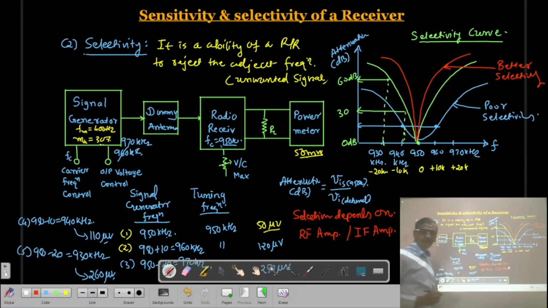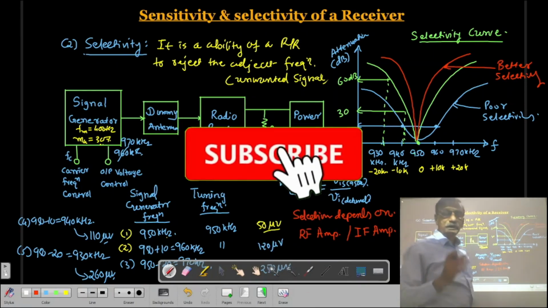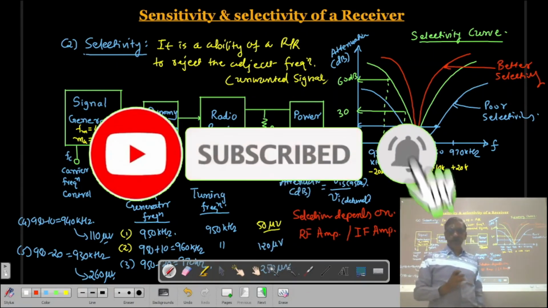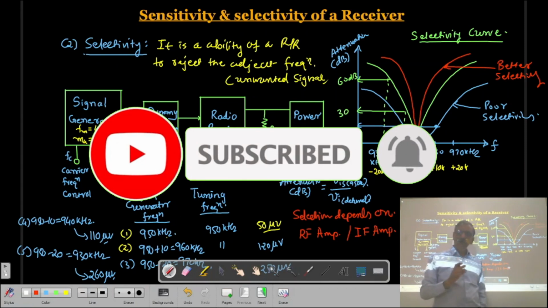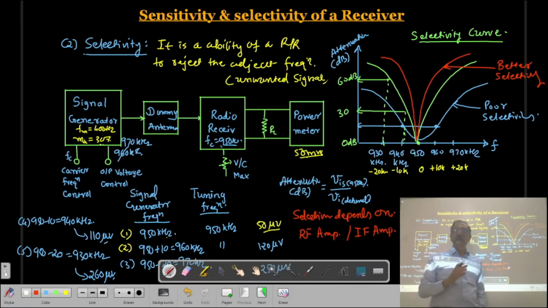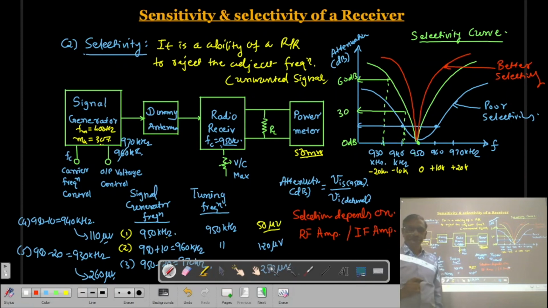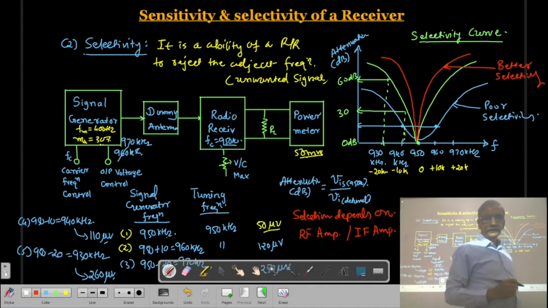So in the RF amplifier and IF amplifier, whatever tuned circuit we have, if the Q of this tuned circuit is high, then you can have a good selectivity curve. So in the next lecture, we will discuss the tracking error of a radio receiver.